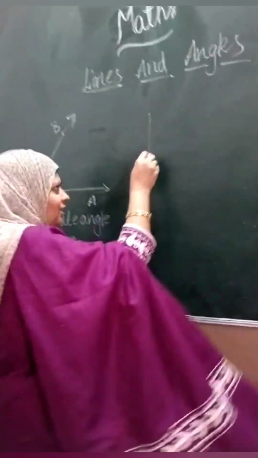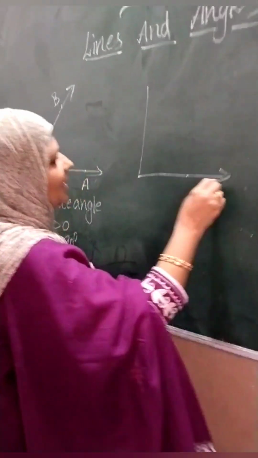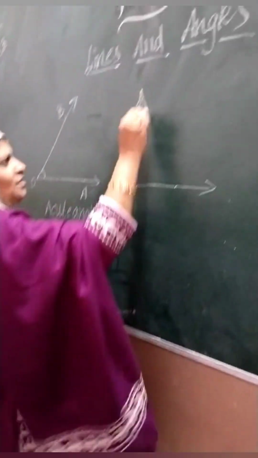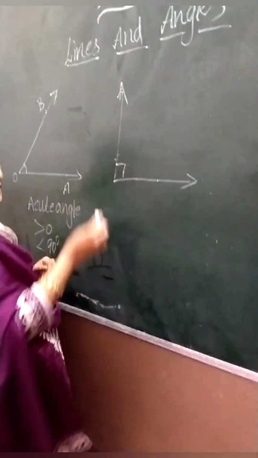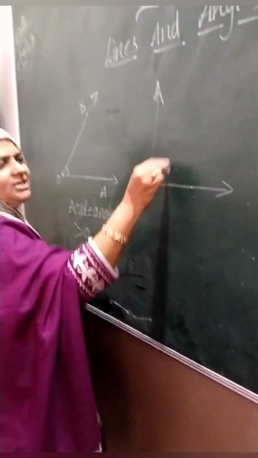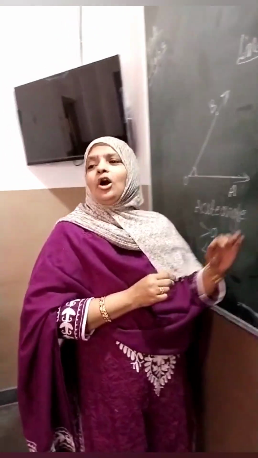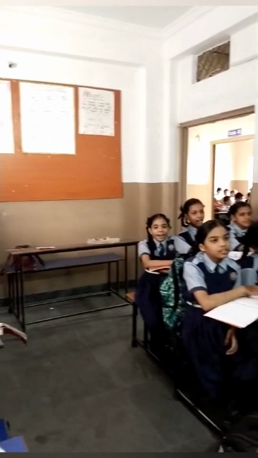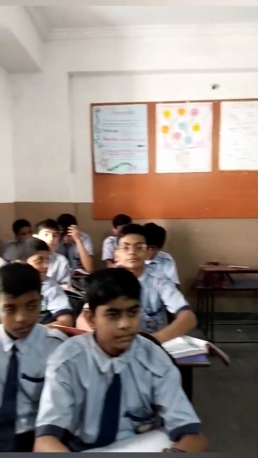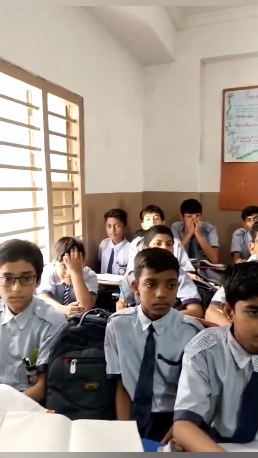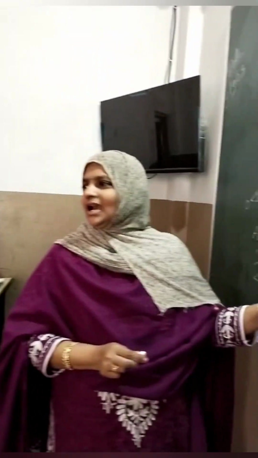Now, if the angle measure is 90 degrees, we call this a right angle. If the measure of the angle is equal to 90 degrees, then we call that a right angle.